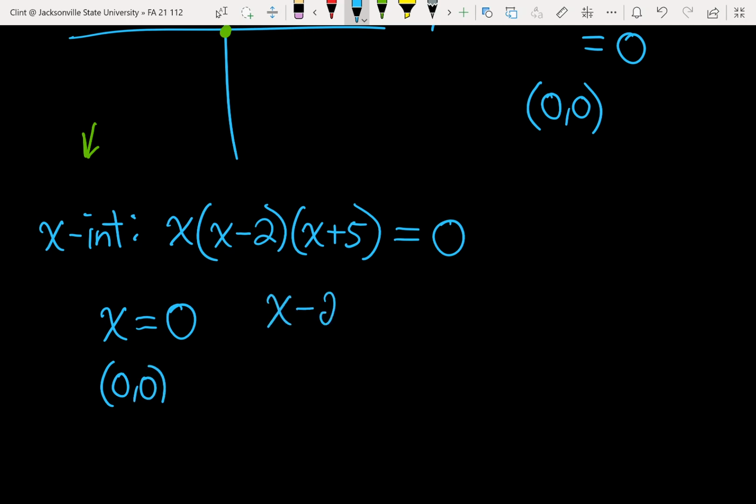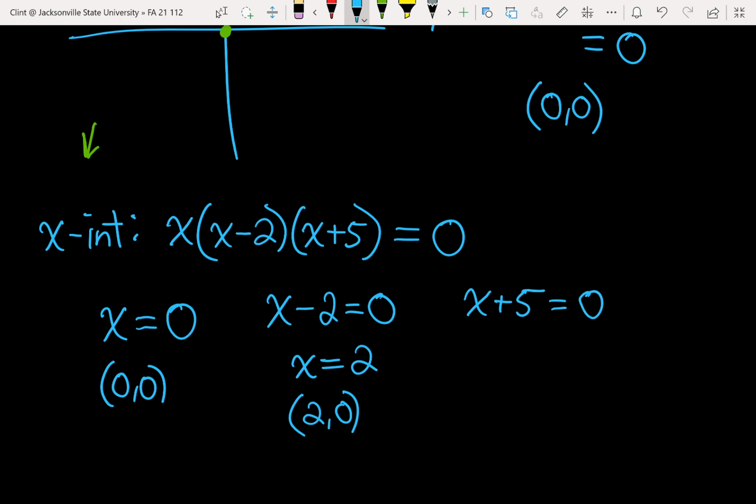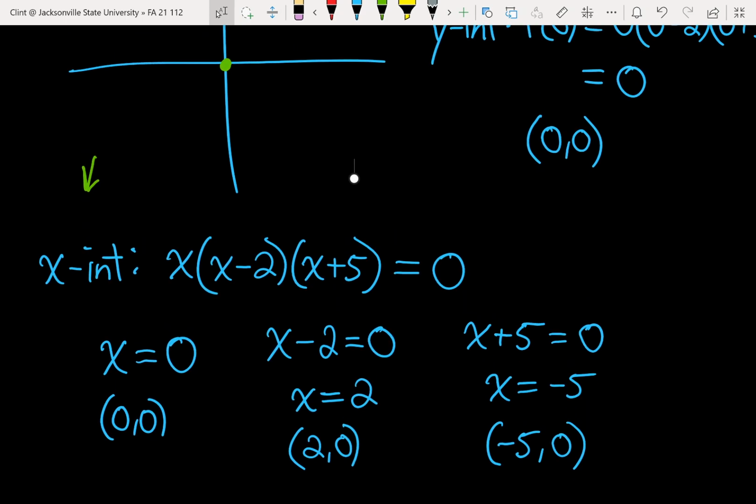Then we get some new information from the next one: x equals 2, at the point (2, 0). And for the last one, we get x equals -5, so I have the point (-5, 0). Let's add those to our picture: (2, 0) and (-5, 0).